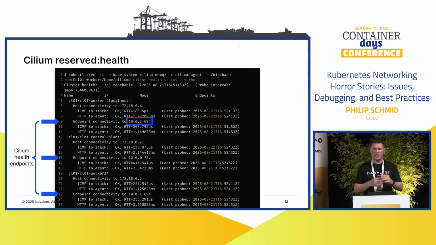In addition to that, that's where this reserved health IP actually comes into play. We have endpoint connectivity health checks to the health endpoints or health IPs of the remote nodes. And by using those two different types of health checks, we have the health from the underlay and we have the health from the overlay, because a pretty common architecture when deploying Cilium is to use a so-called overlay, which can either be based on VXLAN or Geneve, and the pod traffic is then routed through those tunnels to all the remote nodes.